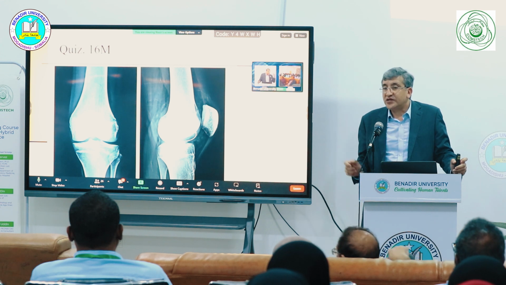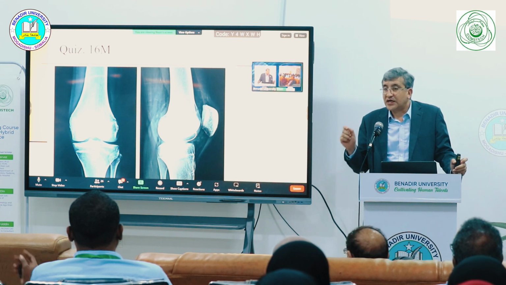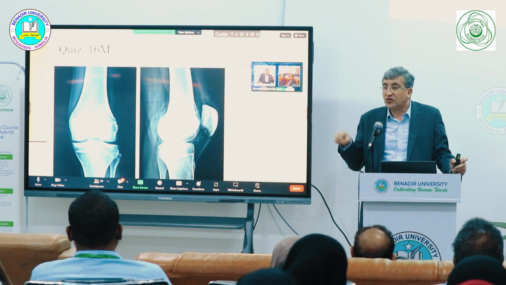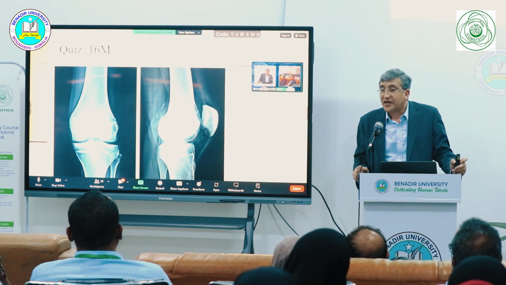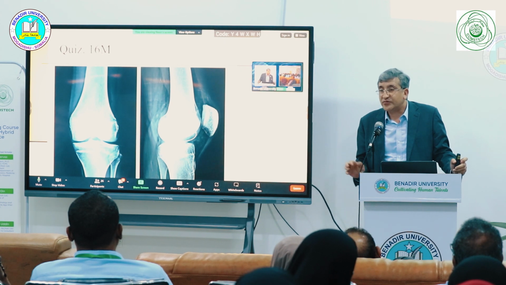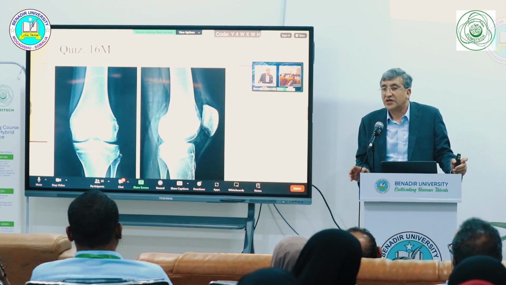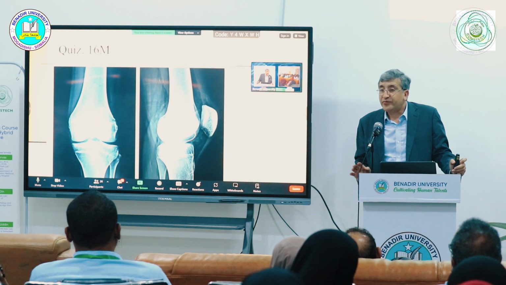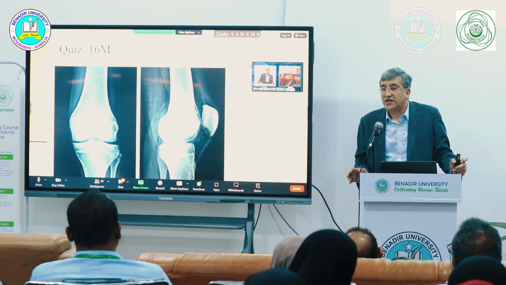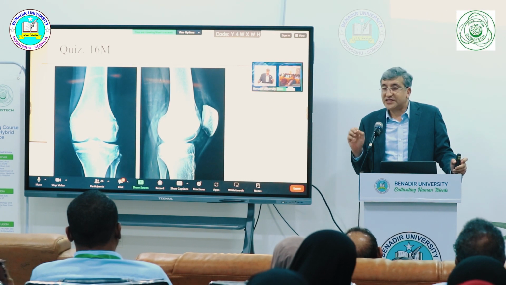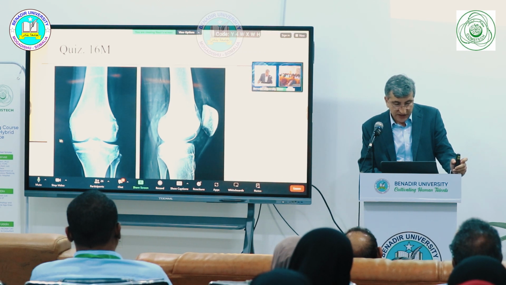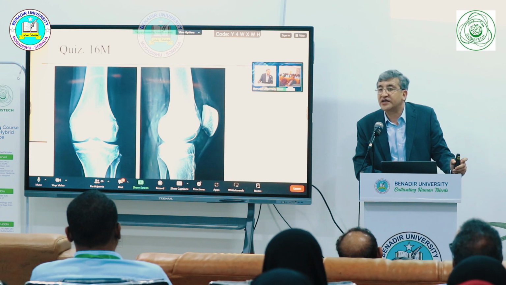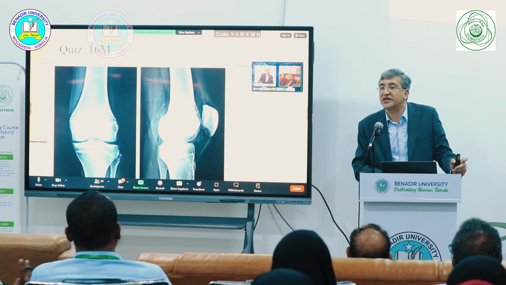If you apply those parameters, is the zone of transition narrow or wide? Narrow, so one benign feature. Is there any destruction of the cortex? No. Is there any periosteal reaction? No. The patient is young, below 20 years. You can see this growth plate has not yet closed, so it means it is below 18 years.